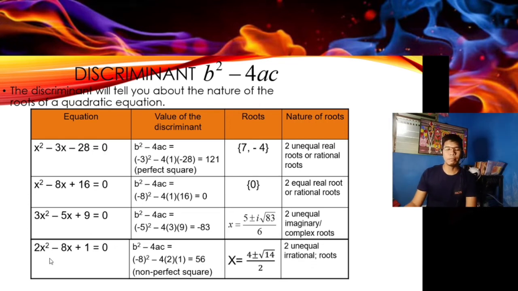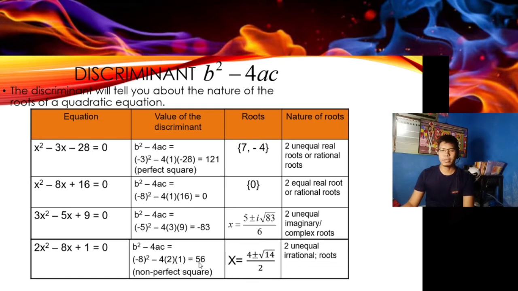And finally, we have 2x squared minus 8x plus 1 equal to 0. So again, we have the discriminant b squared minus 4ac. So by substituting the values of a, b, and c, negative 8 for b, minus 4, and then 2 for a, and then 1 for c. And then we have here 64 minus 8.